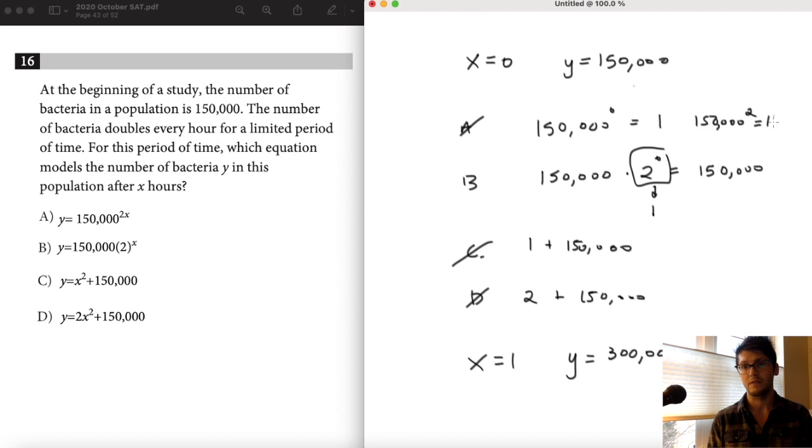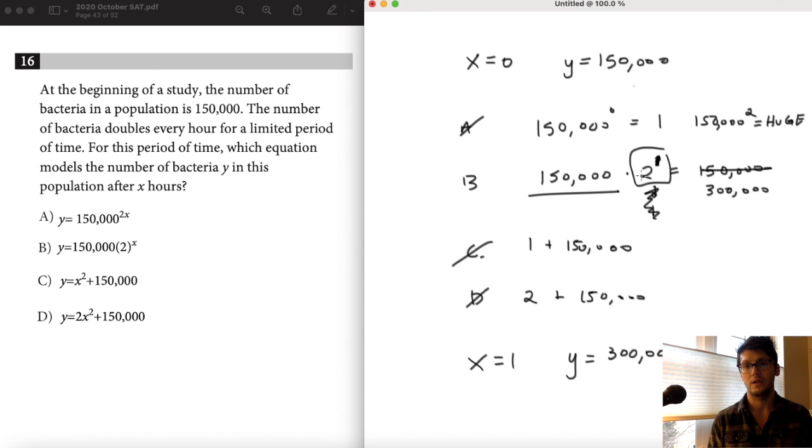I don't know what it is, but it's huge. It's 150,000 times itself. We want to multiply it by 2. That's why answer choice B is going to work, because it would be 150,000 times 2 to the first power, which would then give us 300,000. So instead of rewriting that, I just kind of wrote over this.